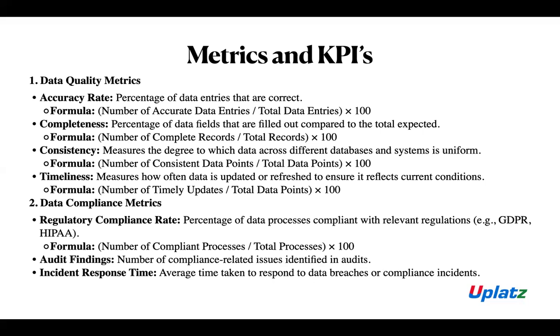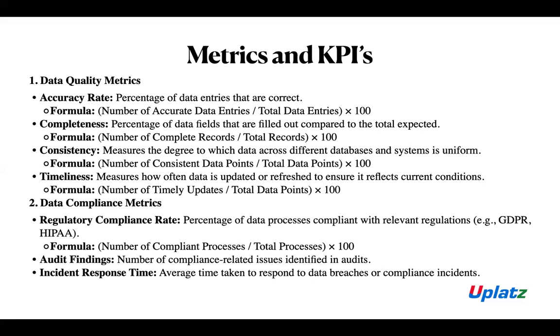The fourth data quality metric is timeliness, which measures how often data is updated or refreshed to ensure it reflects current conditions. So the formula will be total number of timely updates divided by total data points, whole multiplied by 100.